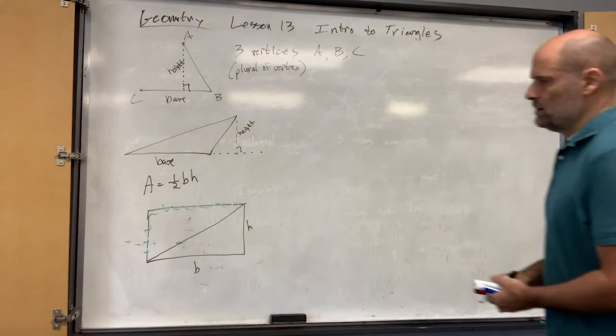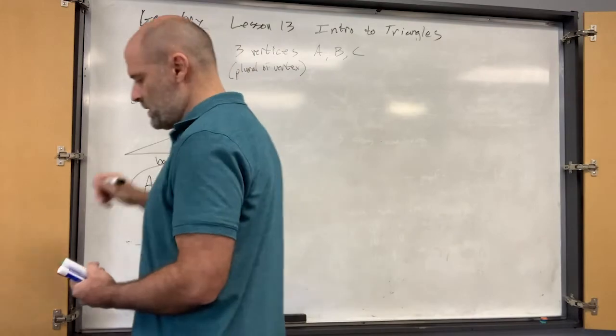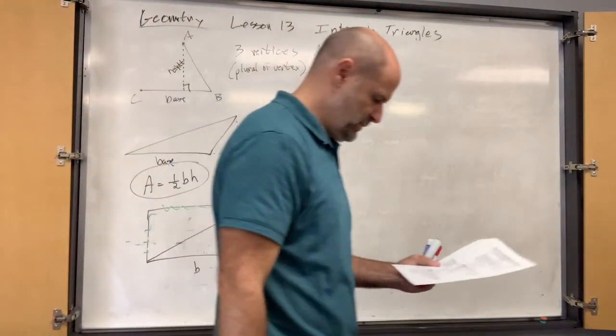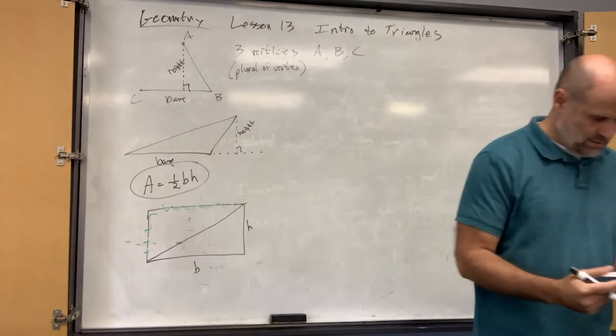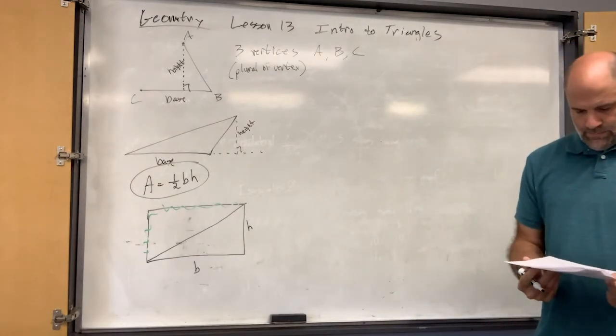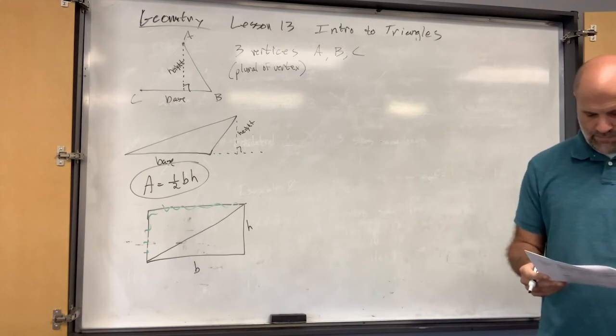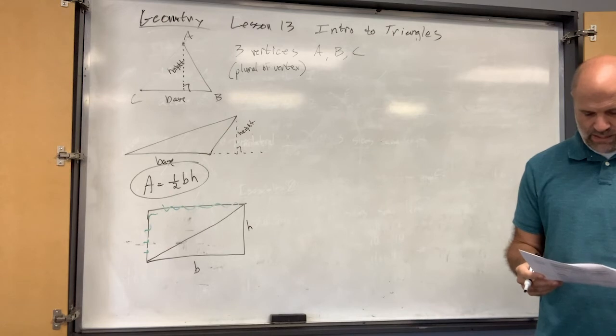Okay? So you need to remember that. Shouldn't be too difficult since you've been doing that for 3 or 4 years at least. Okay, there's a little proof that goes through that, but we're not going to do that.